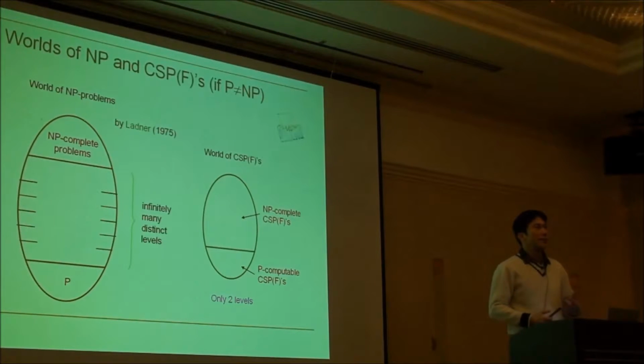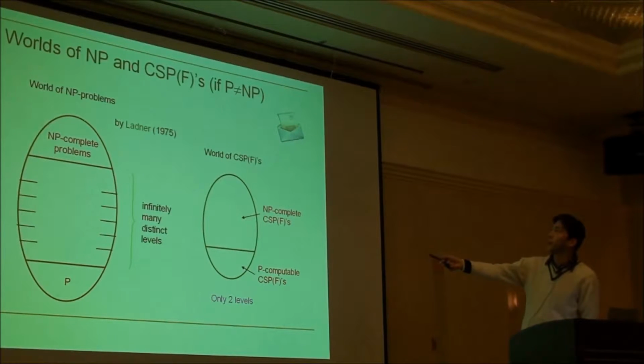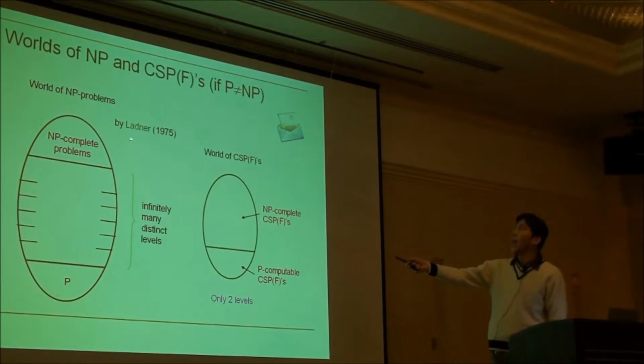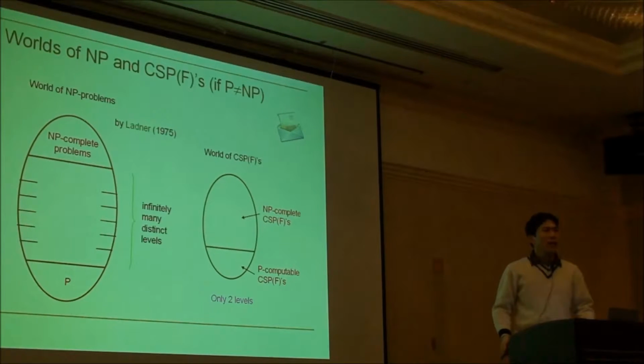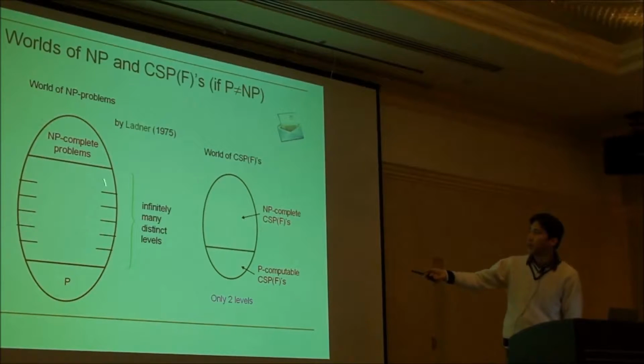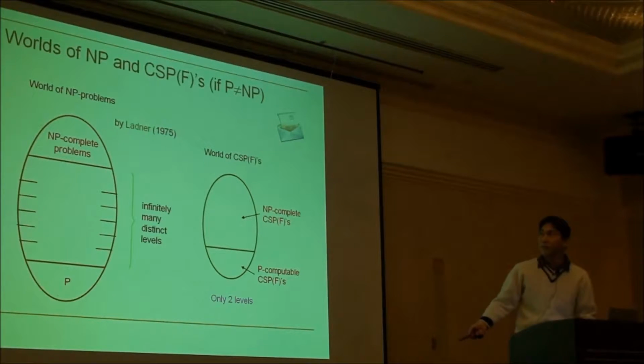What is nice about the constraint satisfaction problem is this. If you look at the whole world of NP problems, assuming that P is different from NP, Ladner proved that NP problems can be classified into infinitely many different levels between the polynomial-time computable problems and the NP-complete problems.